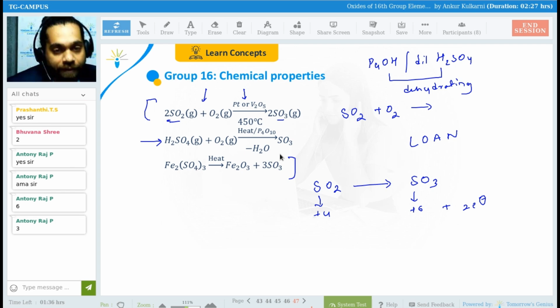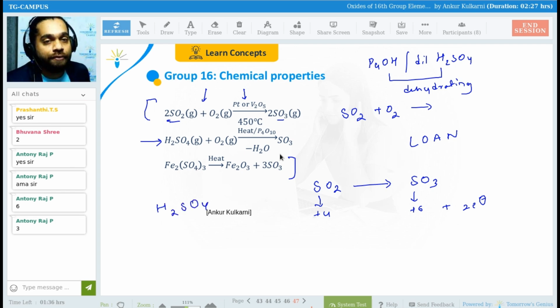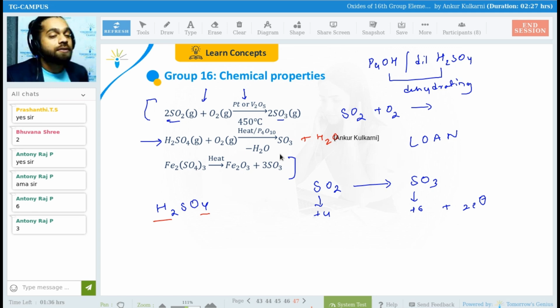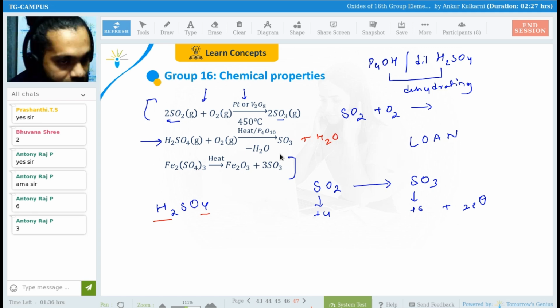Perfect, removal of water. So I have H2SO4. If I remove H2 and O, what is left? SO3. So that is dehydration of H2SO4. Are you getting it?